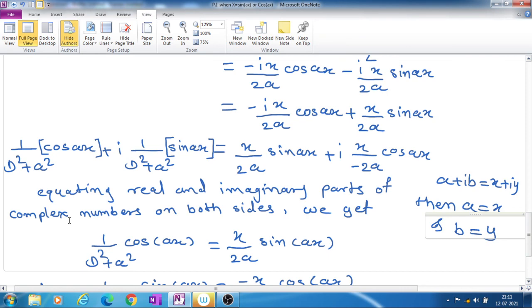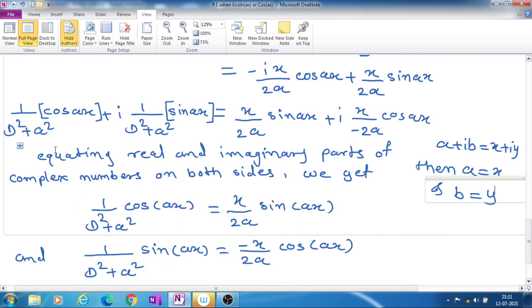So here also these two complex numbers are equal, so we can equate their real parts and imaginary parts. Therefore equating the real and imaginary parts of both the complex numbers on both sides, we get here the real part is 1 upon D square plus a square operates on cos ax, and on the right hand side the real part is x upon 2a sin ax.